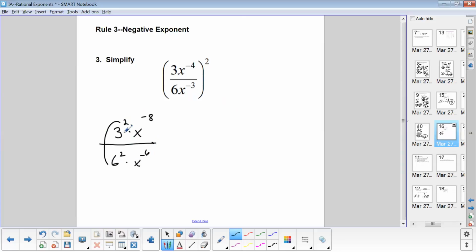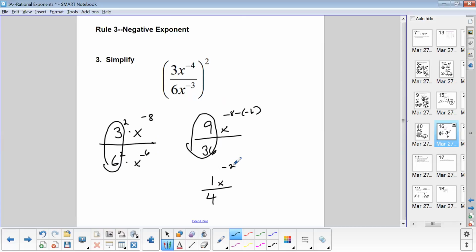So notice here, that's 3 to the second, that's going to be 9. 6 to the second, that's 36. X to the negative 8 minus negative 6. Negative 8 minus negative 6. There's the quotient rule. Now I can simplify 9/36 to be 1/4 x to the negative 2 power.